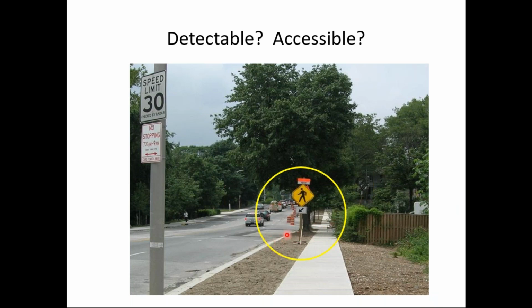Well, I don't see a curb ramp here. Also notice this is bare earth, which is not a firm, stable surface that complies with PROWAG for wheelchair travel. So I would argue this is neither detectable nor accessible. To make this accessible, we need to put in a hard surface curb ramp connecting the sidewalk with the street.